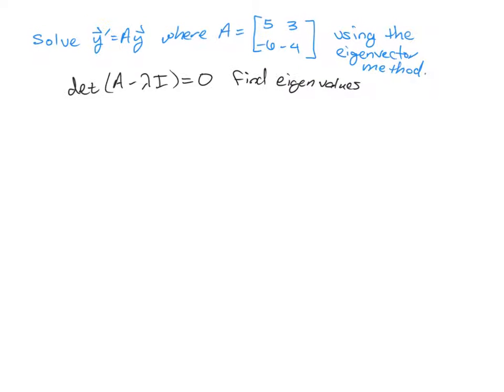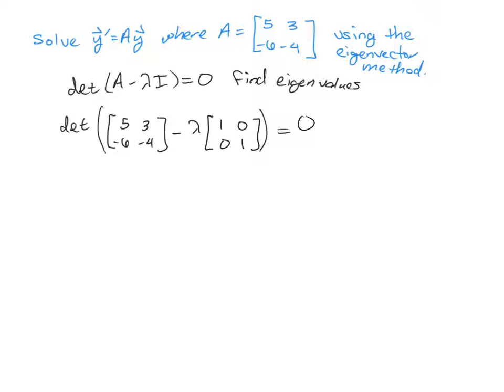And that's going to be the determinant of our matrix A, which is 5, 3, -6, -4, minus lambda times the 2 by 2 identity matrix, which is just ones on the main diagonal and zeros everywhere else. And we're taking that determinant and setting it equal to 0.